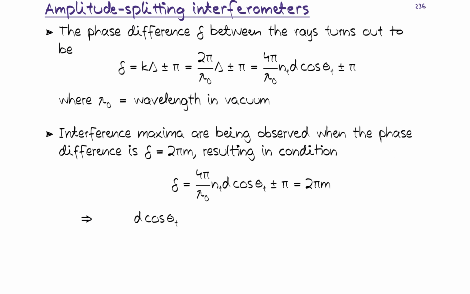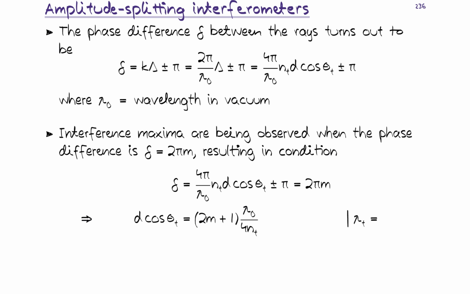And we can now shuffle our terms, and on the left-hand side we have d, the thickness of my thin film structure, times cosine of theta t, and this is equal to (2m plus 1) times lambda naught divided by 4 times the refractive index of the thin film, nt.